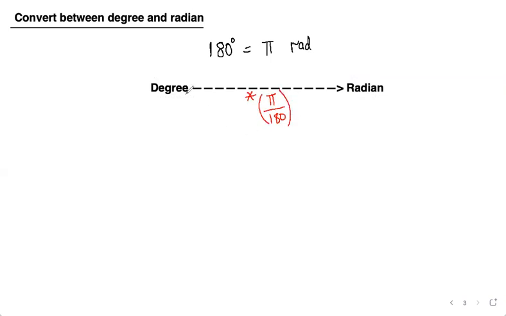Now to convert from radian to degree, the opposite, we have to multiply the radian by 180 over pi.